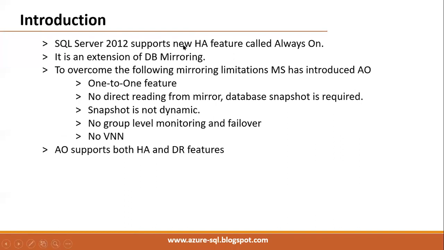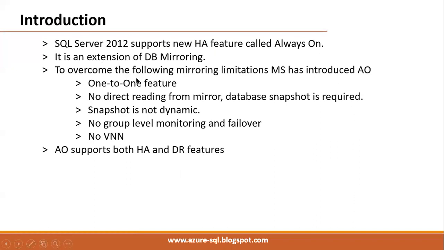SQL Server 2012 supports a new feature called Always On. It is an extension of database mirroring. So remember, mirroring with additional features is what Always On is. To overcome the following mirroring limitations, Microsoft has introduced Always On.